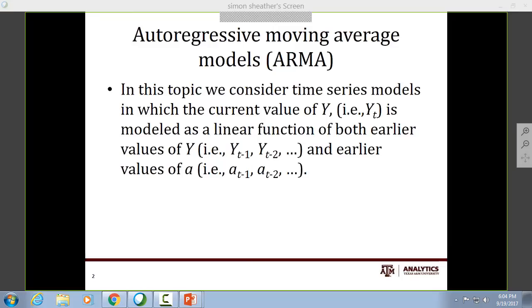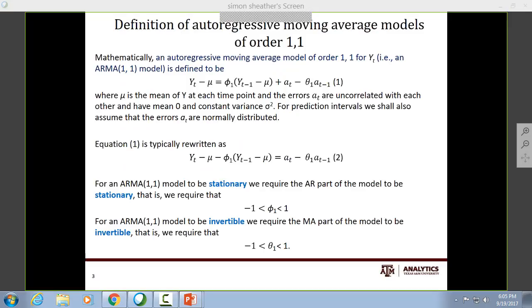All right, so in this topic we consider models where the current value of y at time t is modeled as a linear function of earlier values of y_t. That's the autoregressive part, and earlier values of the error term, a. That's the MA piece. So let's take the simplest autoregressive moving average model, namely when the autoregressive order is 1 and the moving average order is 1.